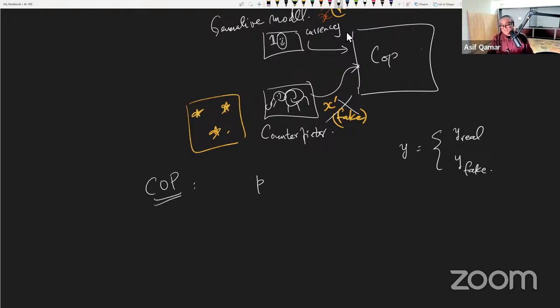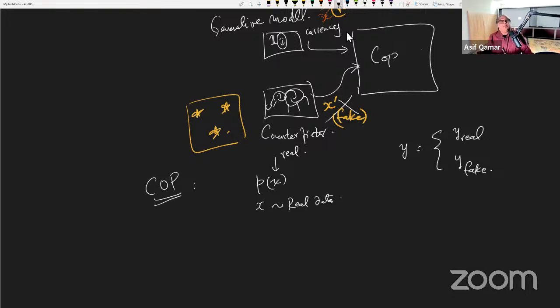Suppose the cop predicts for a real bill a probability that is high, close to 1. Then the loss is low. You don't want to penalize it. X is an instance of the real data, sampled from the real dollar bills.